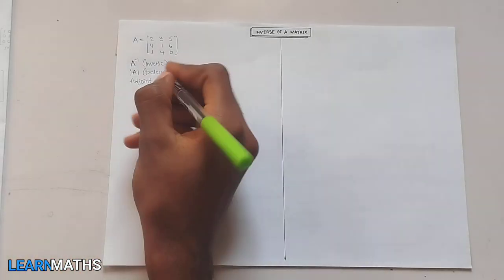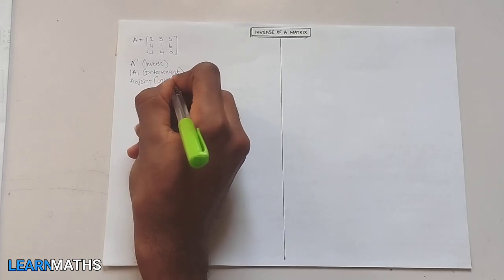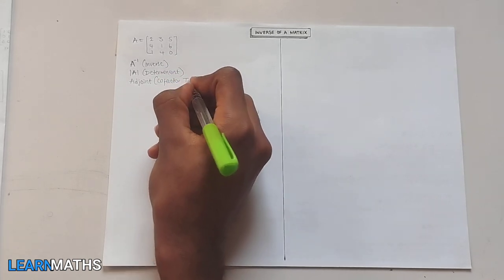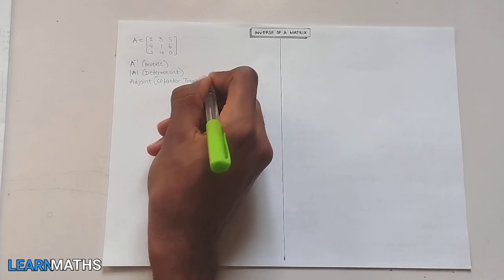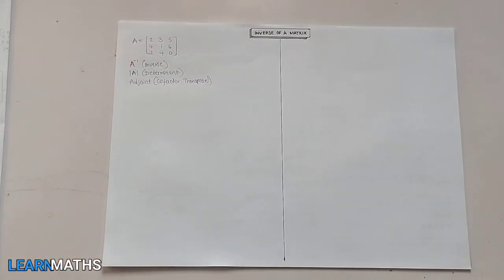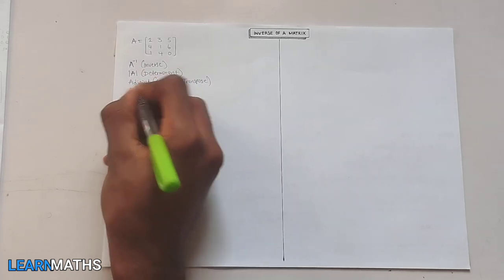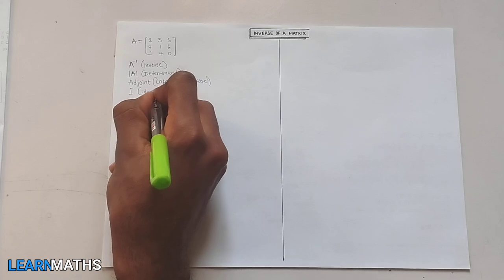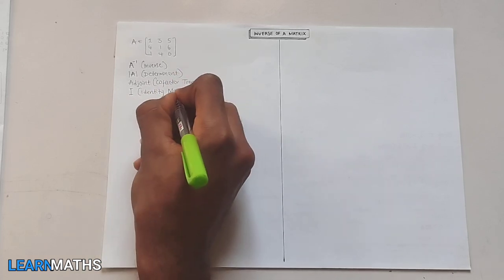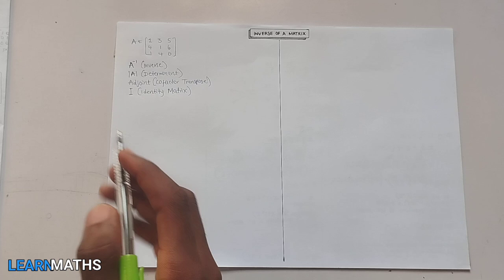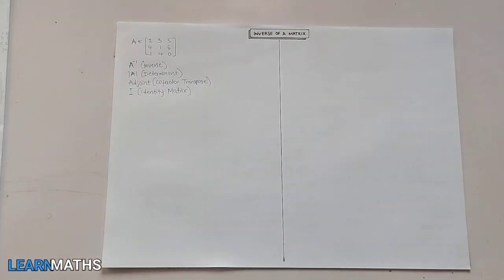Adjoint is actually the cofactor transpose. So if you're finding the adjoint of a matrix, all you have to do is find the cofactor, then transpose it, you get the adjoint. We also need to be familiar with an identity matrix, I. Just get familiar with these terms and you'll be fine.